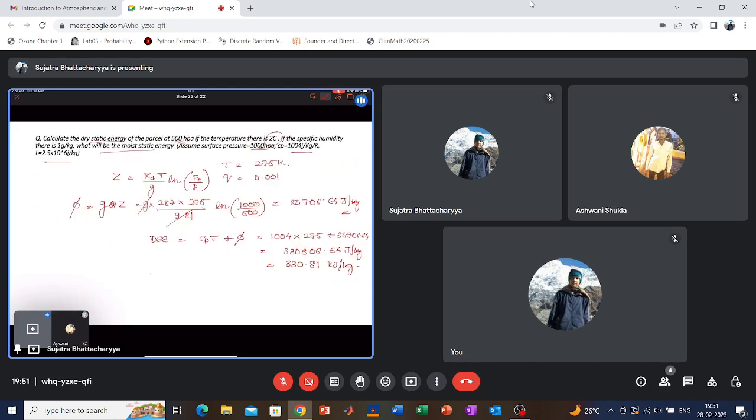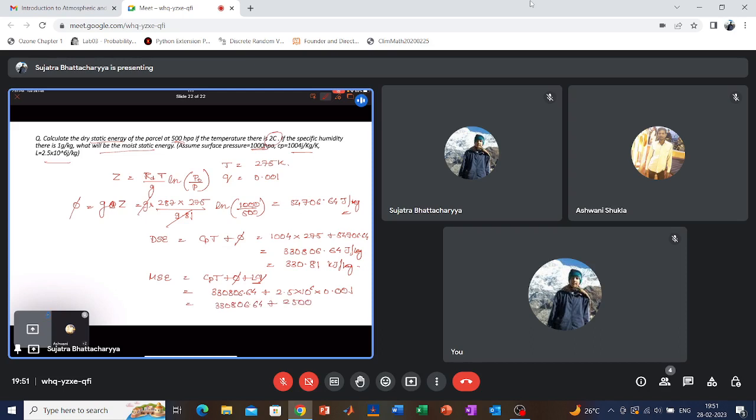Oh, sorry, the moist static energy will be nothing but the same CpT plus phi plus Lq. Just we need to calculate Lq now because DSE is already calculated. So 330806.64 plus 2.5 into 10 to the power 6 into 0.001, which will be very small. So 330806.64 plus it comes out to be 2500.